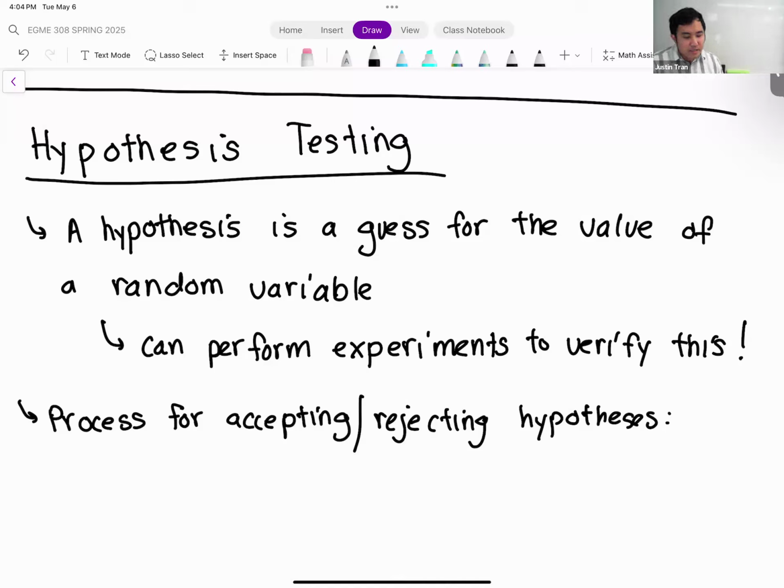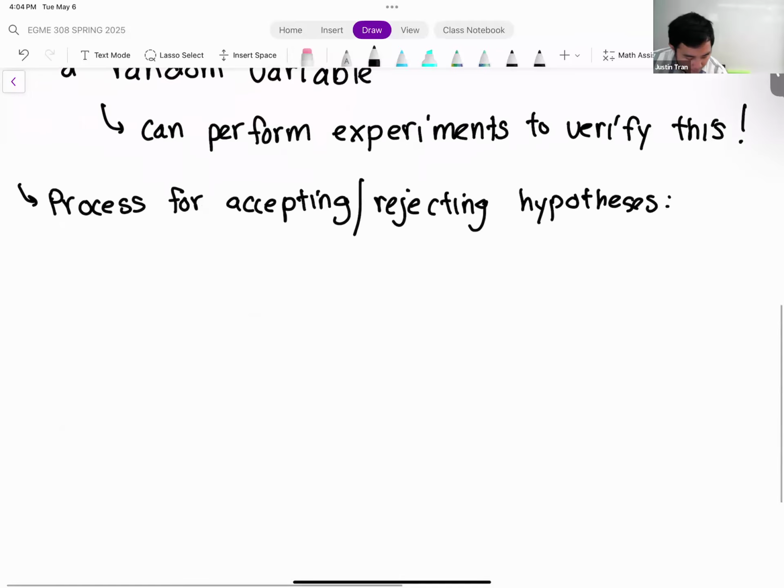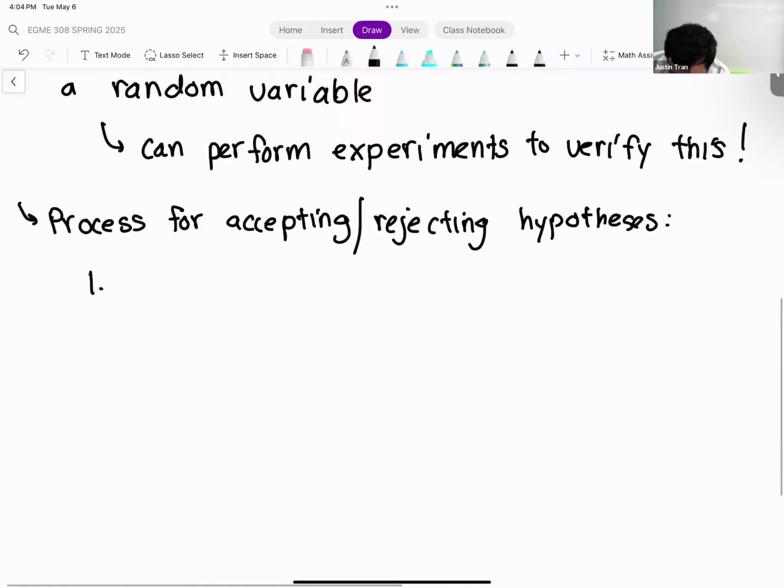And so this process is something that you should follow, whenever you're given a problem to test a hypothesis, this is kind of the step-by-step process that you should follow. Okay? All right, step one. Step one is simply state your hypothesis.